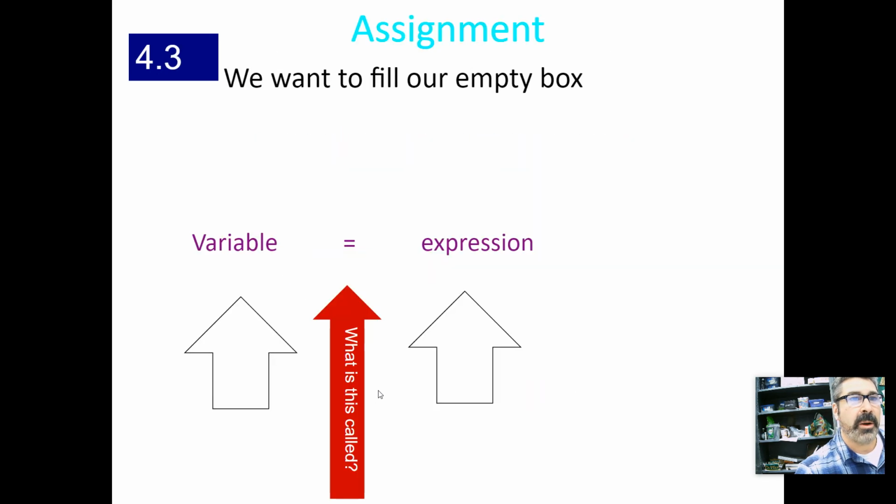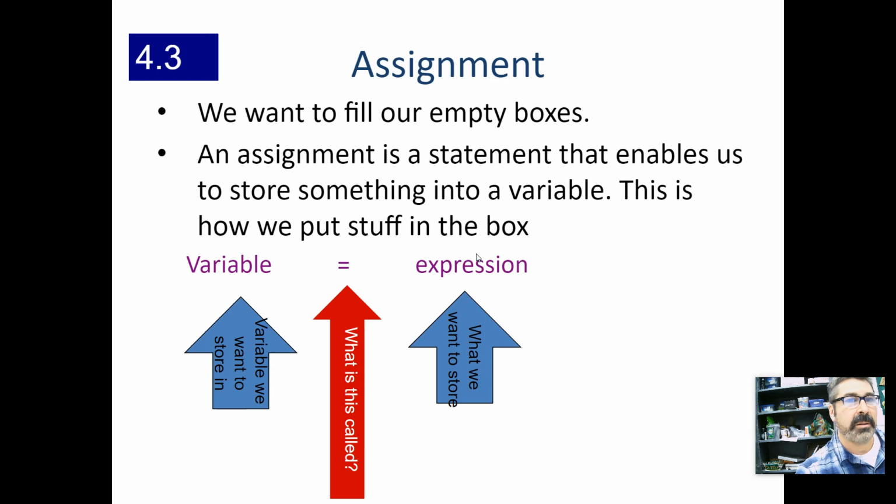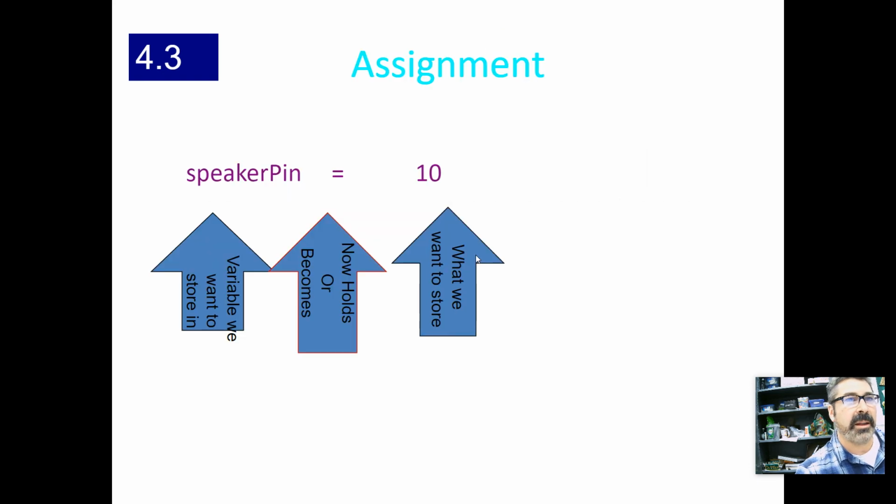Okay. And again, what is this thing called? That is called the assignment operator. So when you're putting something in the box, when you're assigning something, the way you do it is you put the name of the variable, so speakerPin, the assignment operator equals, and then the expression, in this case, 10. All right. So let's go ahead and do this.